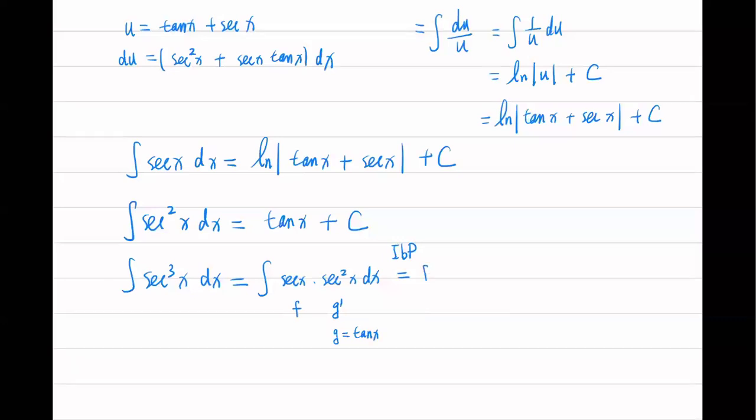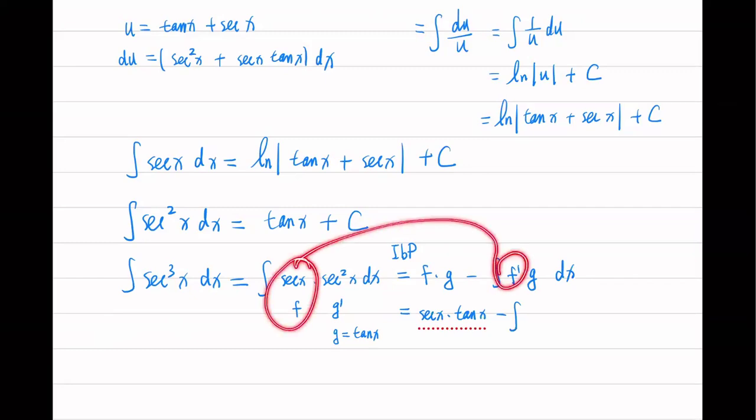So it will be f g minus the integral of f derivative g dx. Okay, so f is secant, g is tangent. Okay, Sakina, f derivative. Secant derivative.